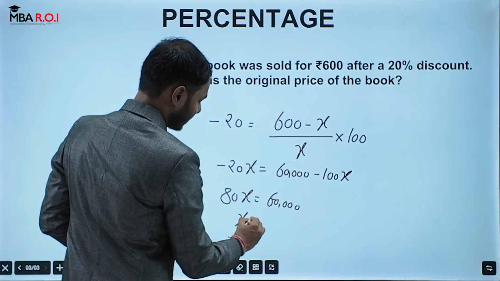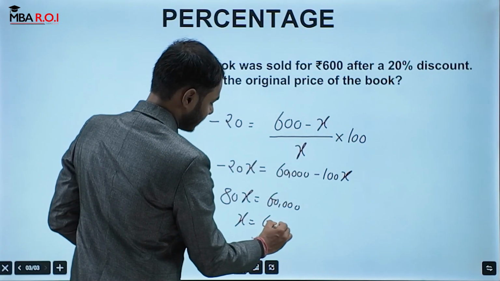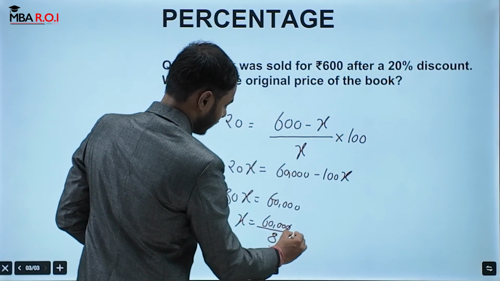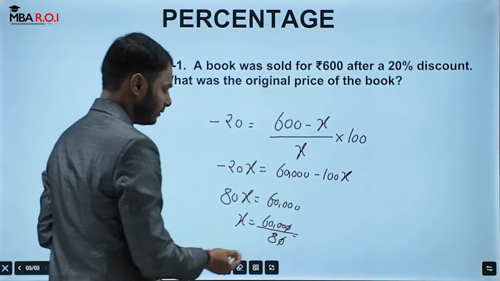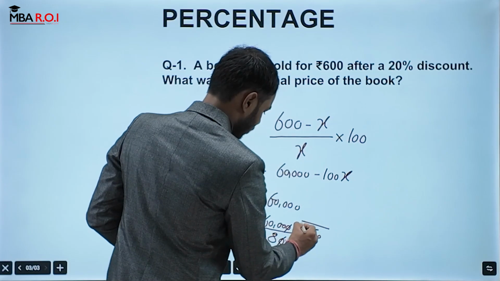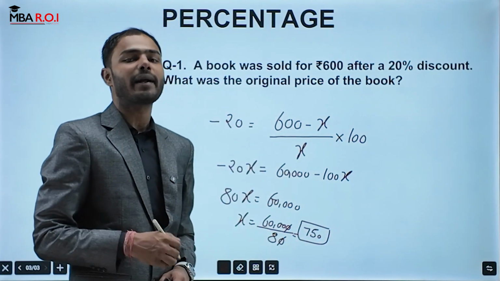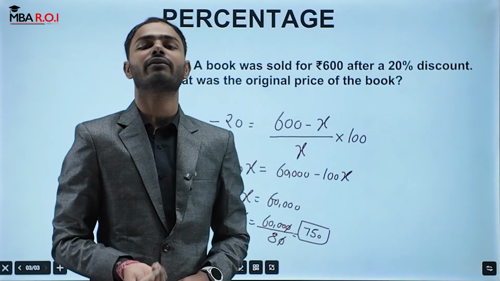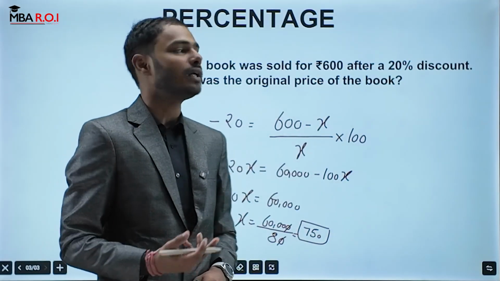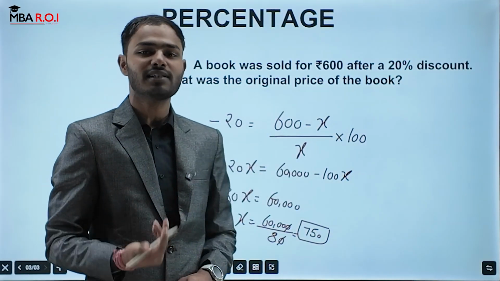Now the value of x that comes out will be 60,000 divided by 80. If we simplify this, how much are we going to get? 750. So we can say that the original price was 750, and when we gave a discount of 20%, the final price at which the book was sold was 600.